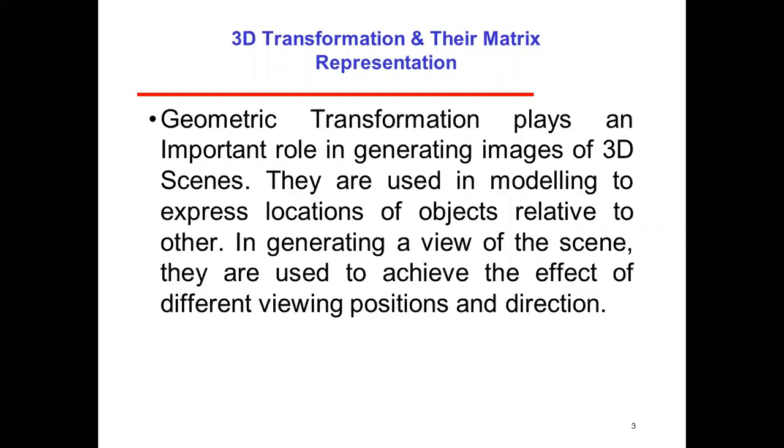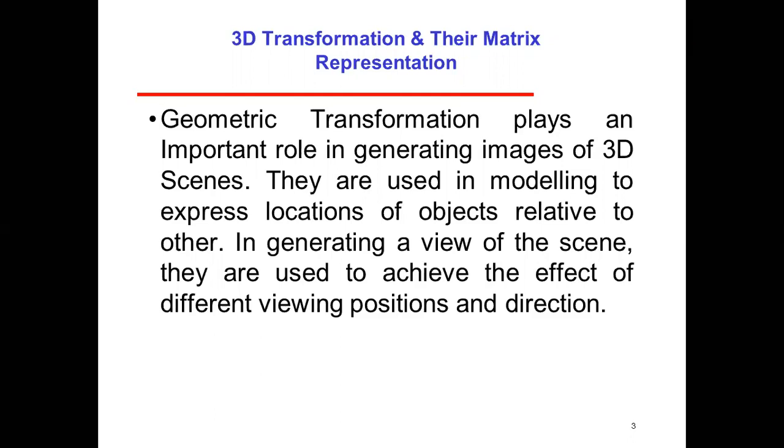In case of 3D transformation, we use three axes, x, y, z, three planes. How will we handle the object in case of 3D transformation? So what is geometric transformation? Geometric transformation plays an important role in generating images of 3D scenes.